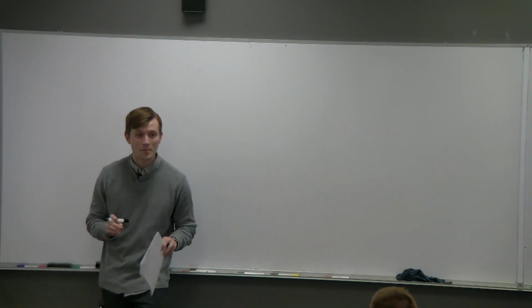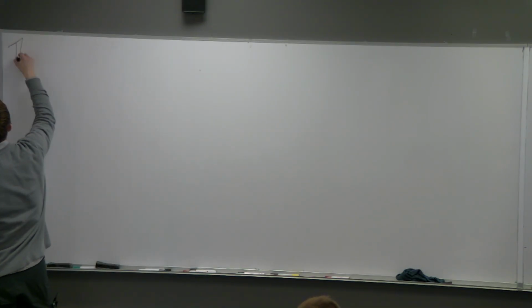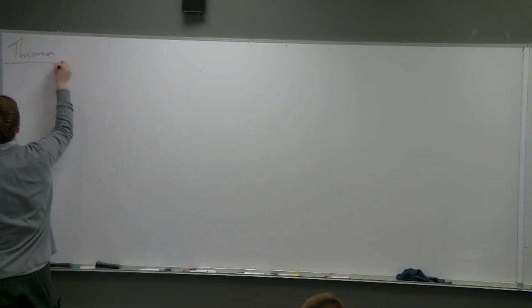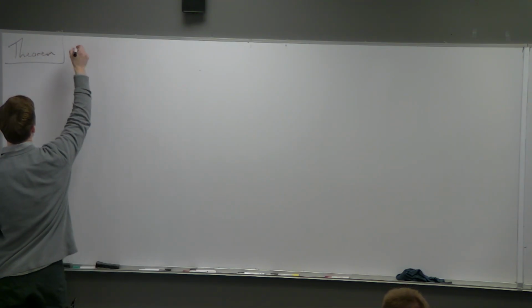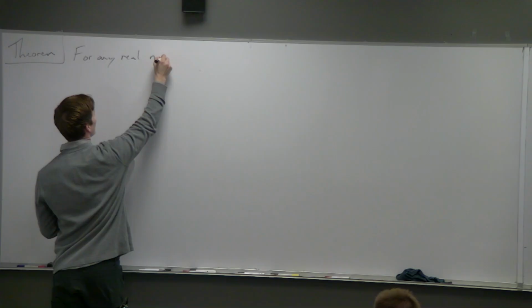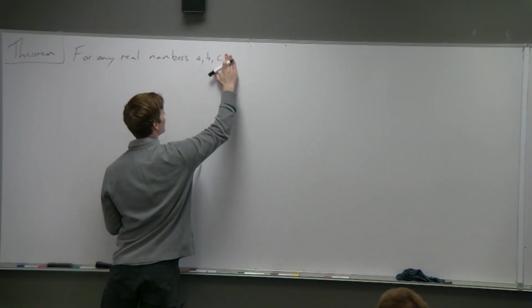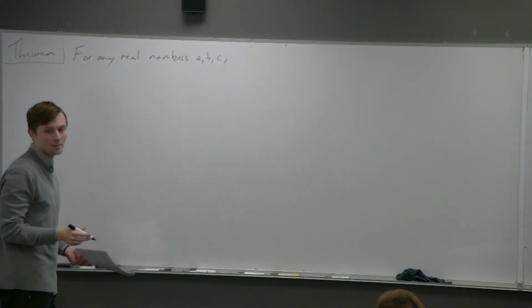So let's get back into the theorem we were proving last time. We were doing theorem 6.2 in your notes. So for any real numbers A, B, and C, we had a bunch of different items.